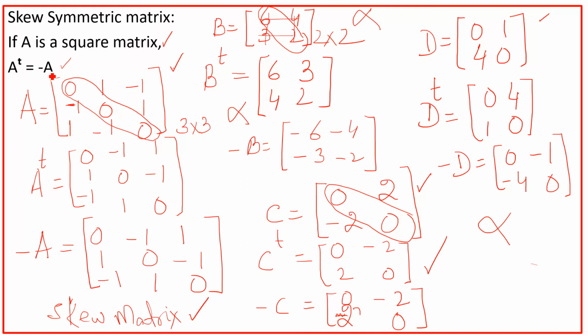If the diagonal elements are non-zero, it can never be a skew matrix. But if the diagonal elements are 0, it may or may not be a skew matrix. In these two, these are skew, but here the diagonal is 0 and it is not a skew matrix.